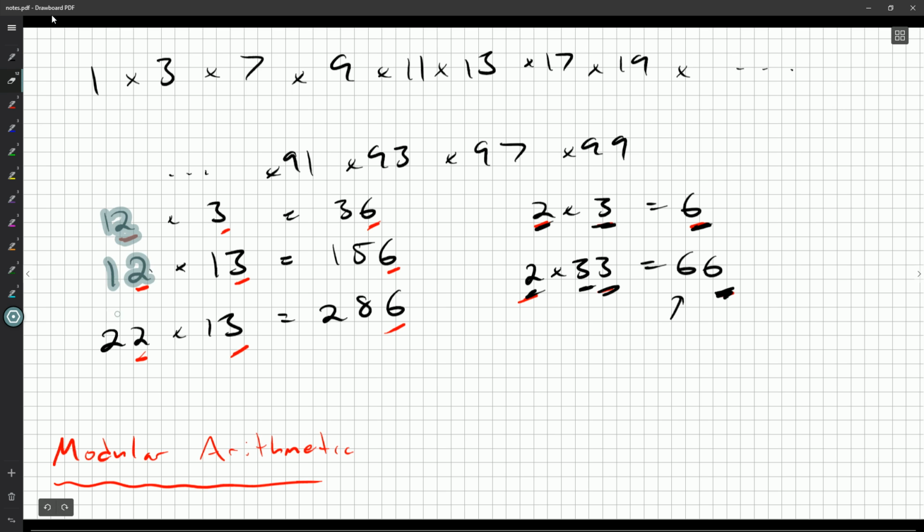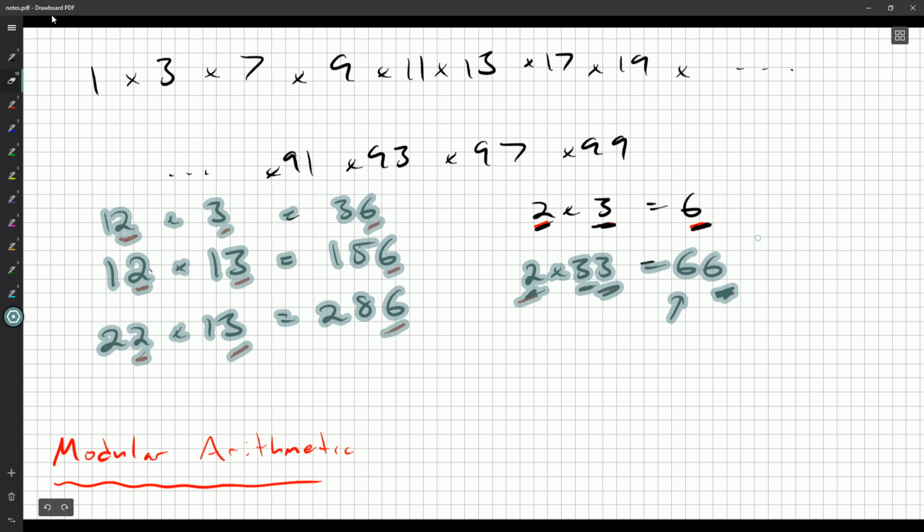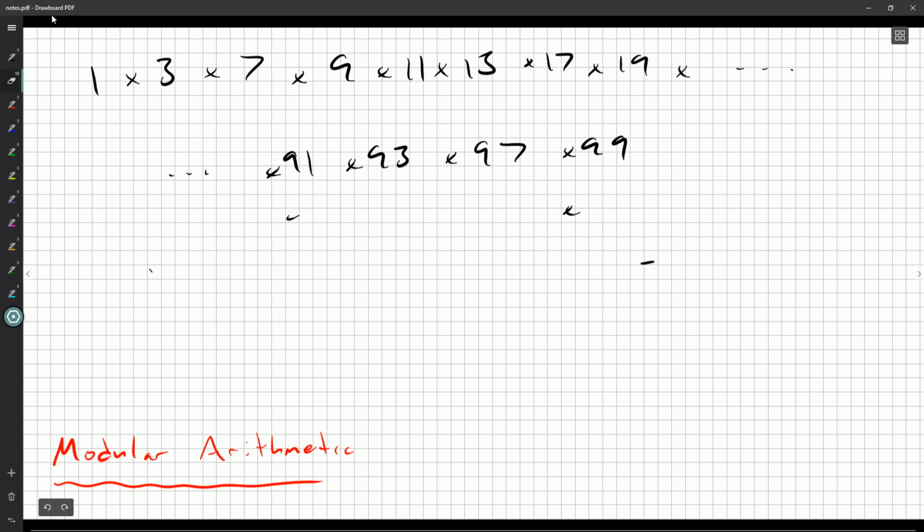So how does this help me? Well, it means that with this big, giant product, when we multiply it all out, if we're just concerned with the units digit, I don't really care about the 1 and the 11. The tens digits here don't matter. And this becomes very nice. Now we're just multiplying 1 times 3 times 7 times 9.